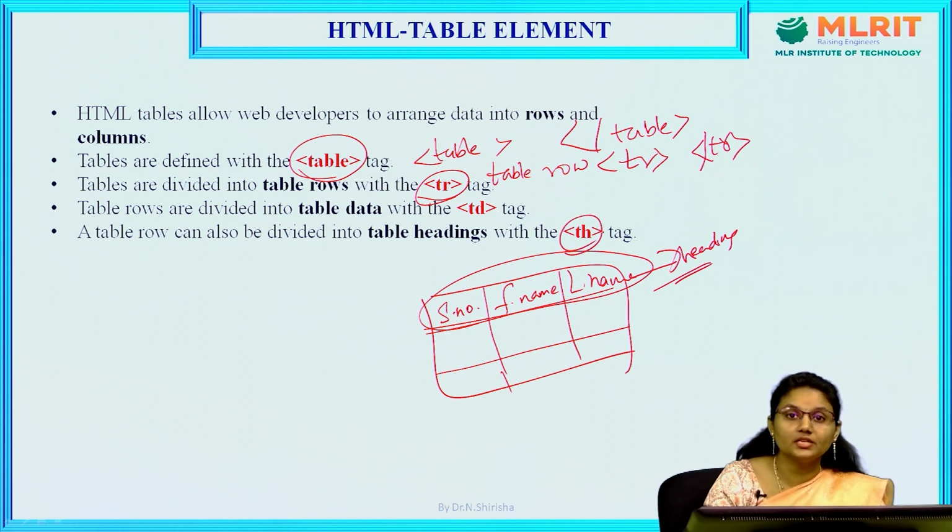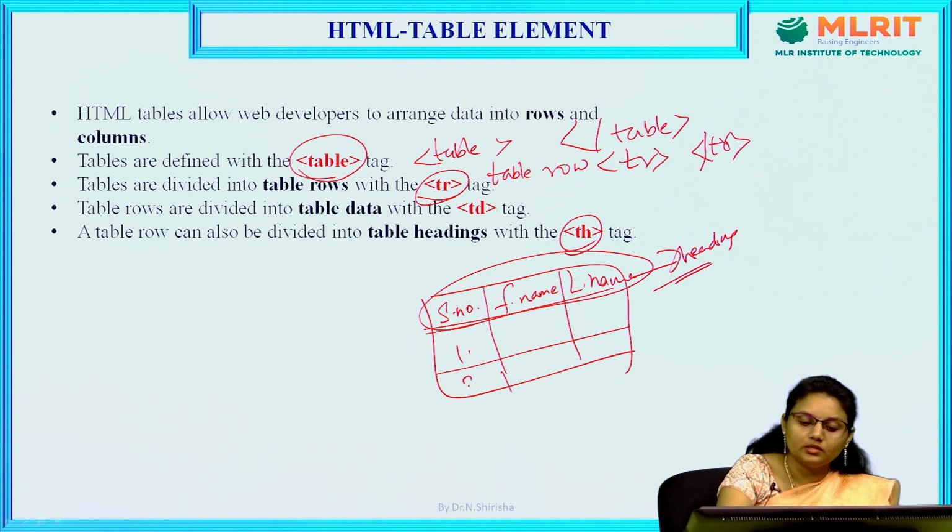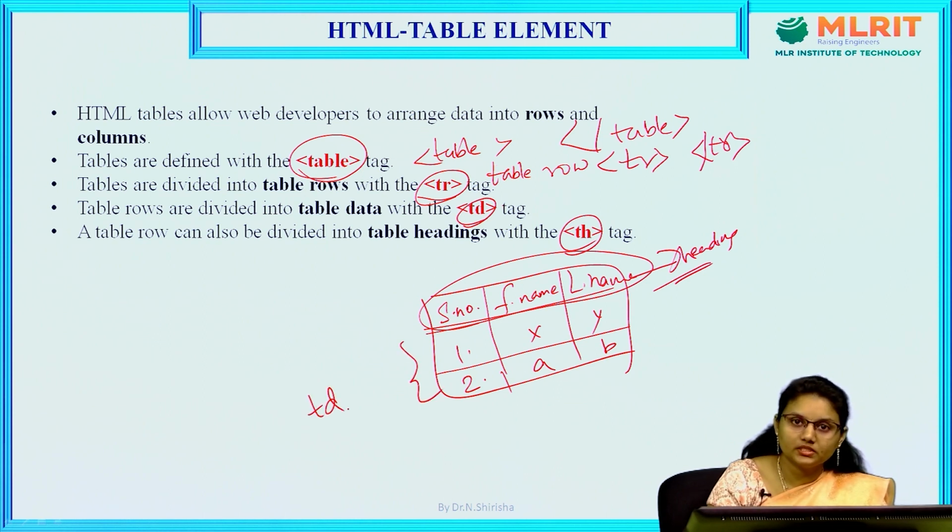Th is nothing but a table heading. Then when you want to give the data, say 1, 2, some names, we have to use td. So these come under td, that is table data. Even for td, you have a starting tag and a closing tag.